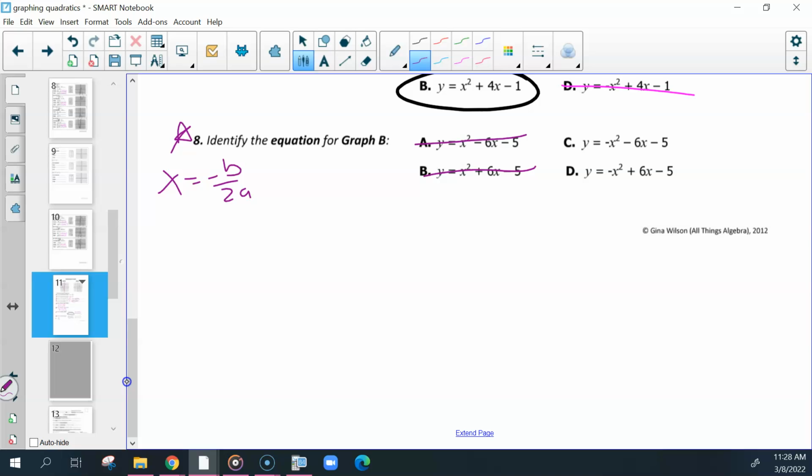Really, we only have to do it for one of them, because it will either be that one or it won't be, and then it will have to be the other one. So let's say we do our axis of symmetry for C. That would be a -6 over 2 times -1, or 6 over -2, which is -3.